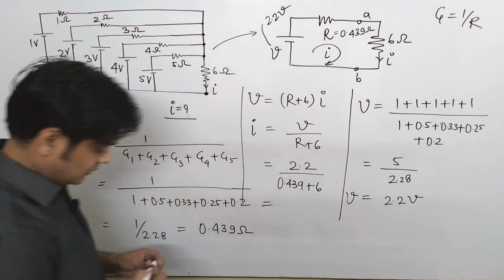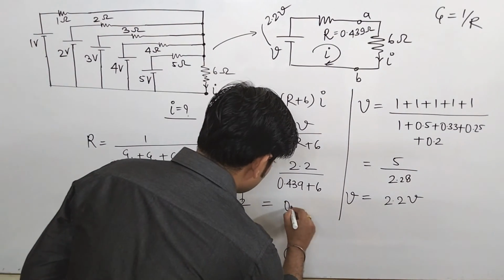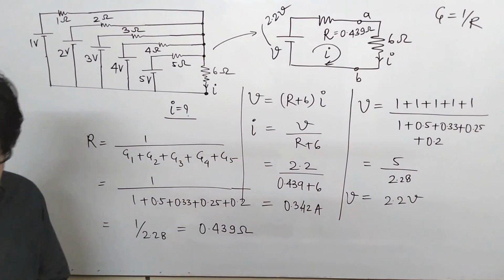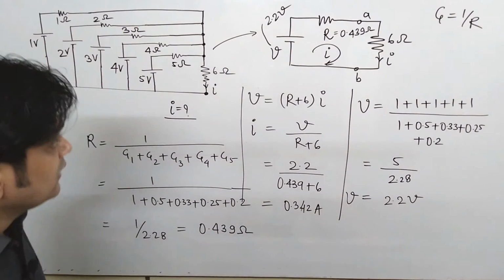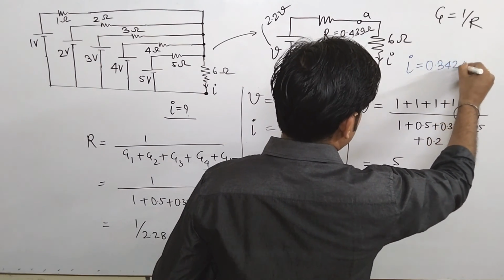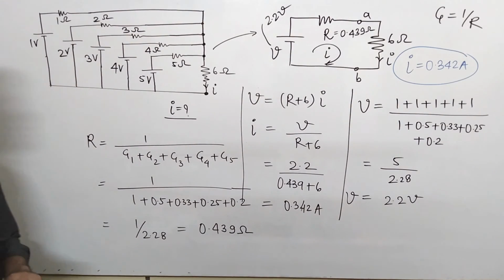So that comes to be 0.342 ampere. So the value of I is 0.342 ampere. This is the answer. With this you have just solved the Millman's problem.